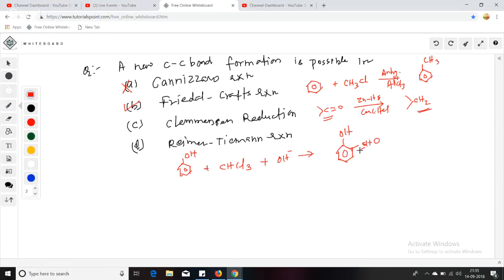You see, we have a new carbon-carbon bond. This is also our answer. So like this, they frame the question in JEE, which you have to keep in mind. Now the other one you see.